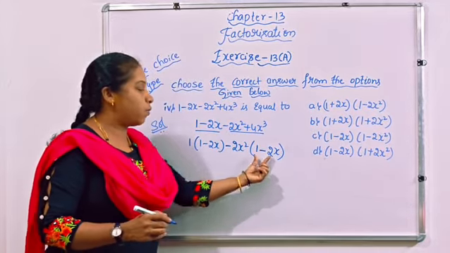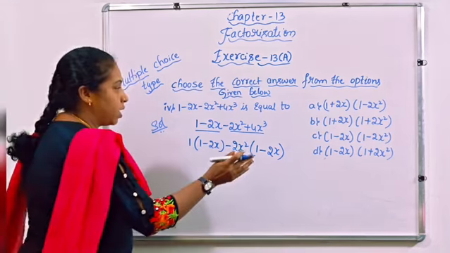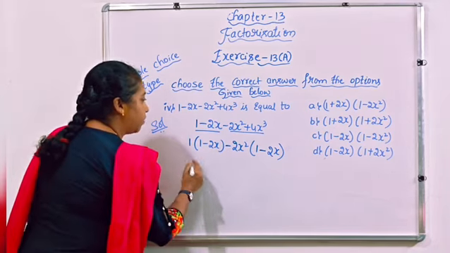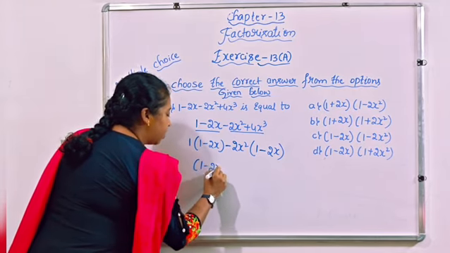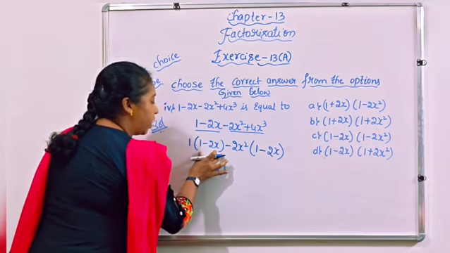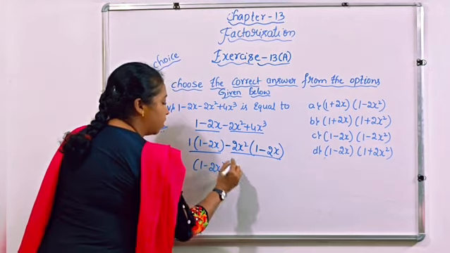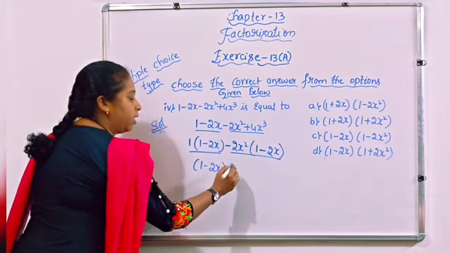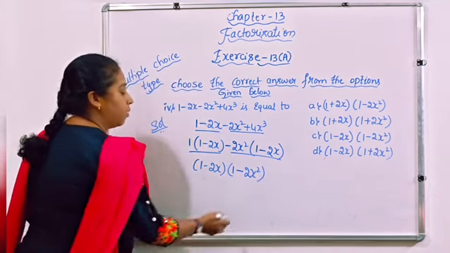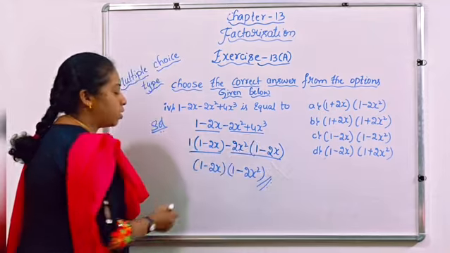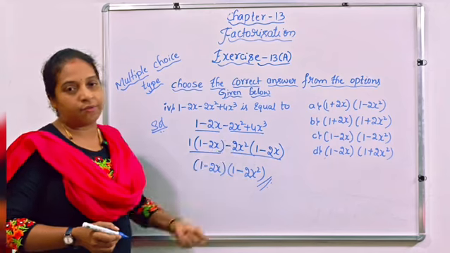So 1 minus 2x, 1 minus 2x, both are common, so shall we take common? 1 minus 2x, then if I take common in this grouping, remaining will be 1 minus 2x square. So this is the solution for this 1 minus 2x minus 2x square plus 4x cube.